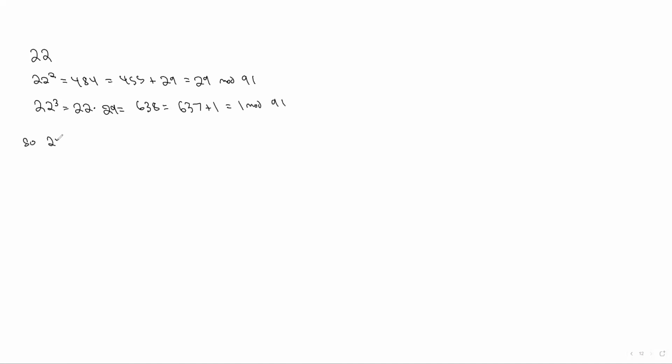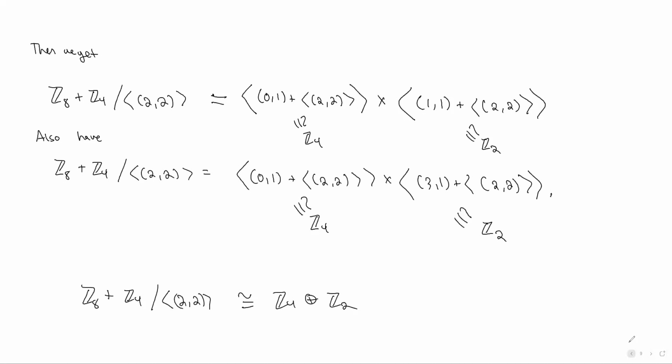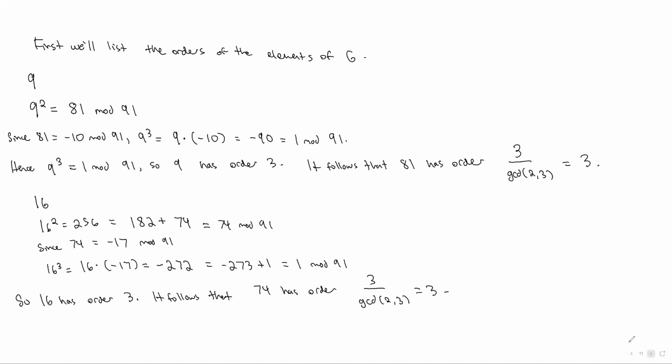So 22 has order 3, and it follows that 29 has order 3 over gcd(2, 3), which is 3. And finally, what was the last one? Oh, 53.